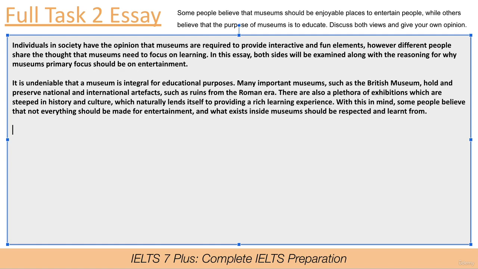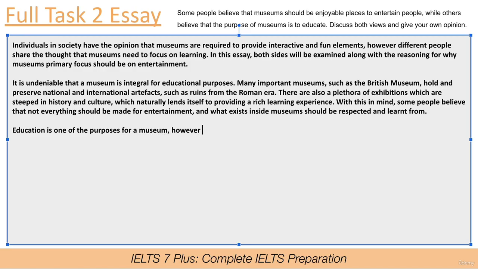Okay, so let's get started, and we're going to address the previous paragraph by saying something like, education is one of the purposes for a museum.